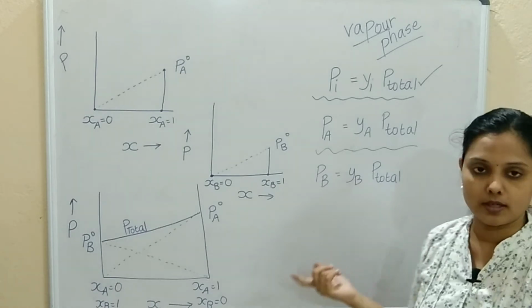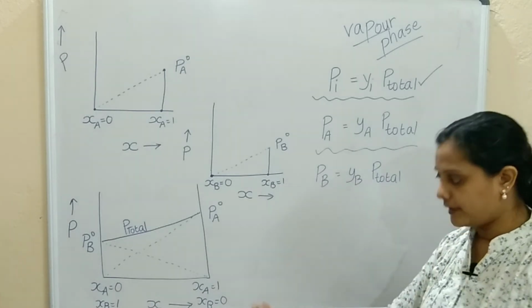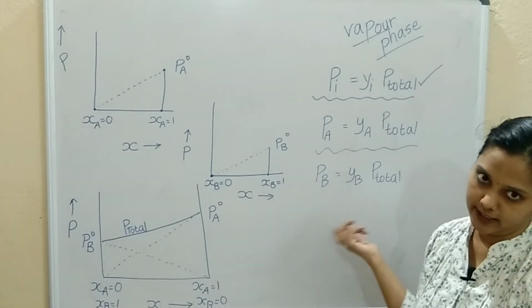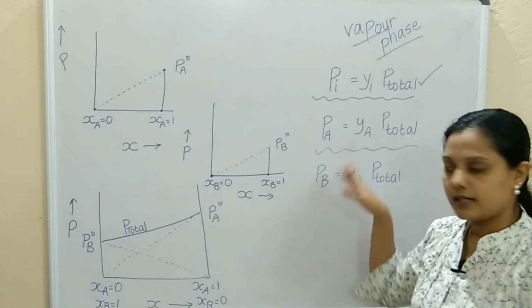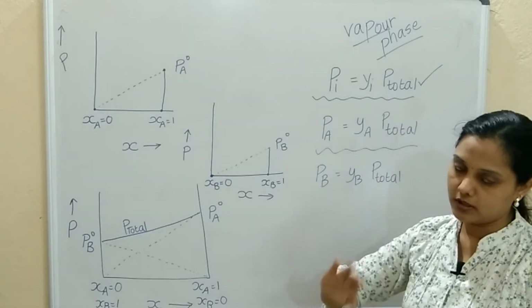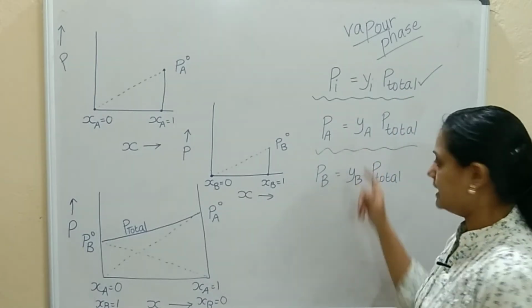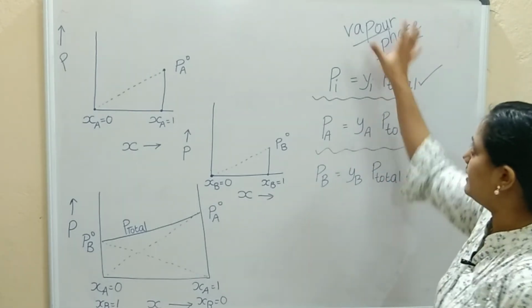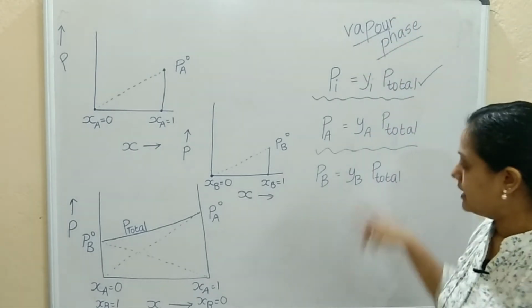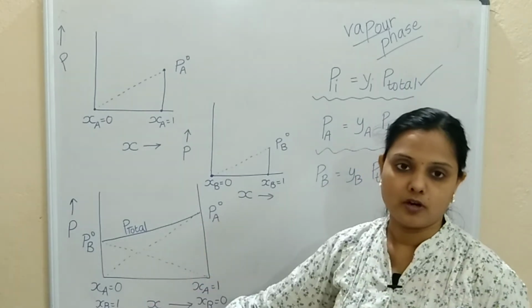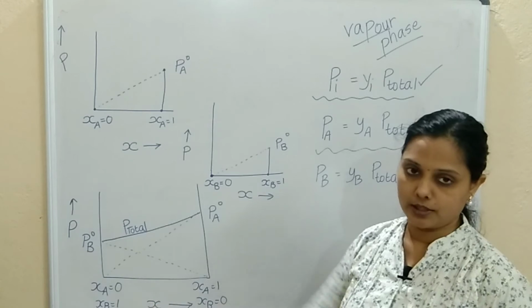YA, YB is what? The mole fraction. Instead of X, because we have written X here, here we are writing it as Y. So PB, PA what is it? Vapor pressure. P total of both solute and solvent. So when it is in the vapor phase, we have to use this formula. Otherwise, the previous formulas which we have written in case of Raoult's law.